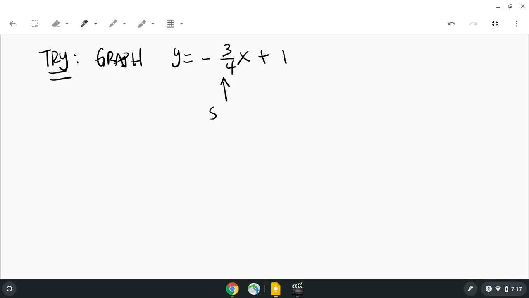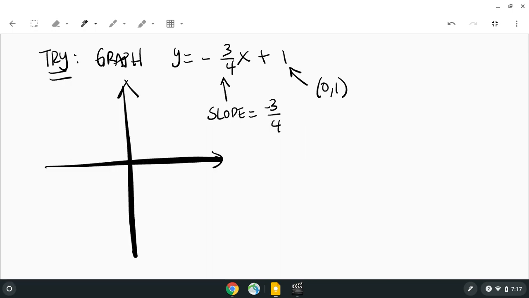Okay, so here I'm going to go ahead and choose to make the 3 the negative. And then here, I know I have the 0, 1. And this is negative, so this will go down and then to the right.